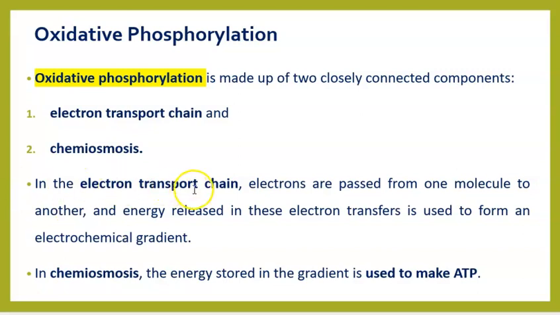In the electron transport chain, what happens? Electrons are being transferred from one molecule to the other. And what does it do? In this process, the energy keeps on releasing as one electron gets transferred to the other to form an electrochemical gradient. We will see all that under photosynthesis. And in chemiosmosis, we use the energy stored in this gradient to make ATP.